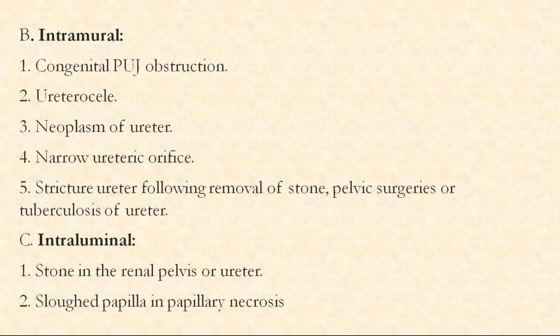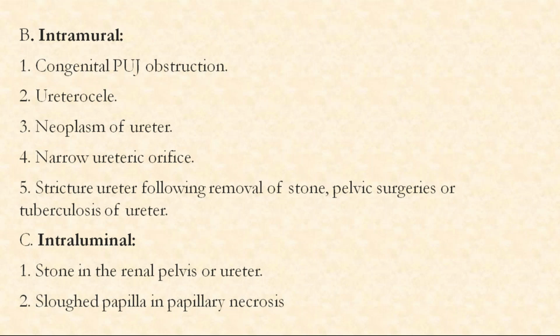Ureteric orifice narrowing, either from the bladder itself or from the urinary pathway, or internal stenosis, are responsible for hydronephrosis, such as golf hole ureter. Next, within the ureter, suppose ureteric stones are there.